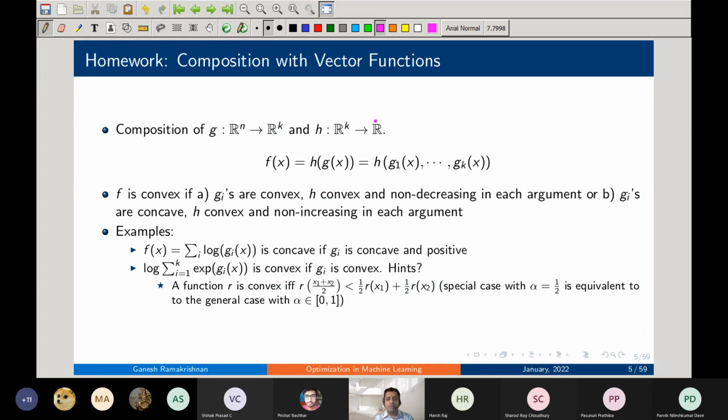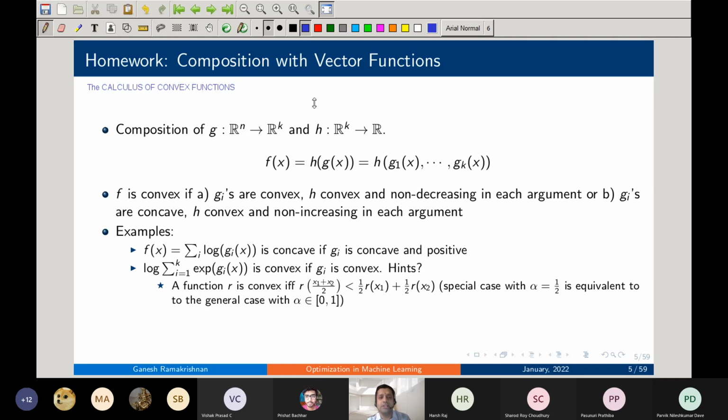Okay. So let's do the first one, if anyone has already addressed it. This is all amounting to calculus. This is the calculus of convex functions.